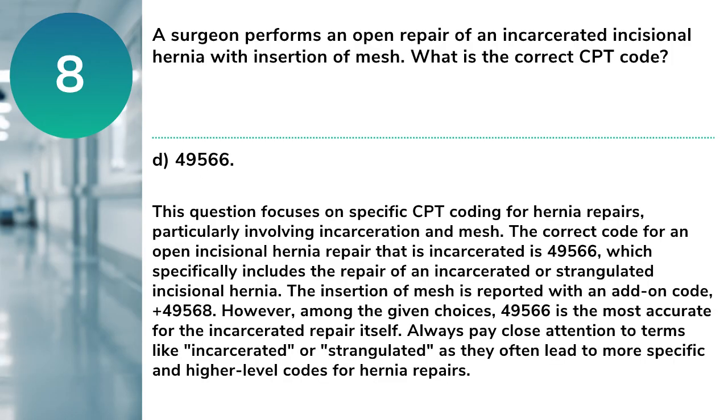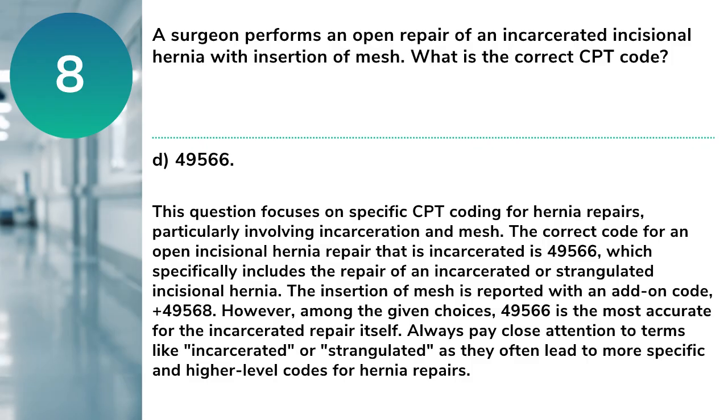D. 49566. This question focuses on specific CPT coding for hernia repairs, particularly involving incarceration and mesh. The correct code for an open incisional hernia repair that is incarcerated is 49566, which specifically includes the repair of an incarcerated or strangulated incisional hernia.